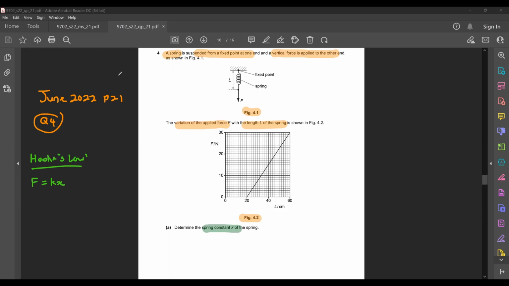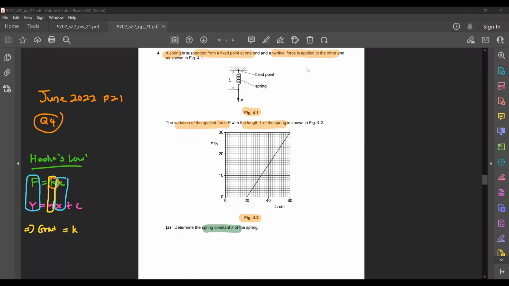Now, there are two ways to find the spring constant K. The first is to equate the equation with the general equation of a straight line, y equals mx plus c, where the y-axis is the applied force, the x-axis is the extension, and the gradient is the spring constant K.